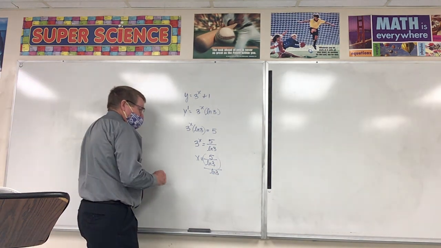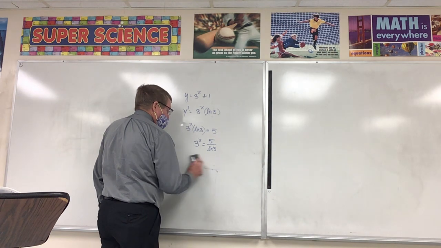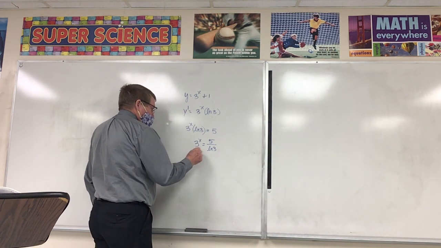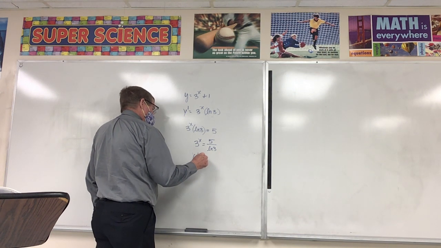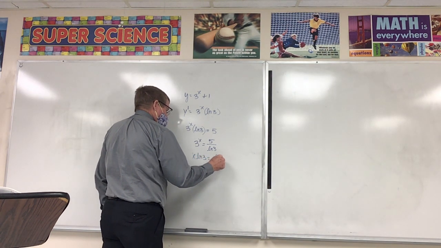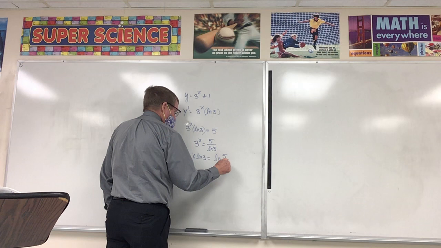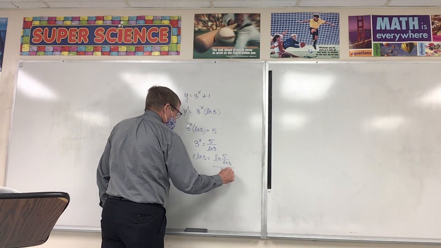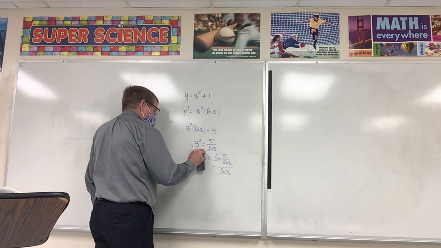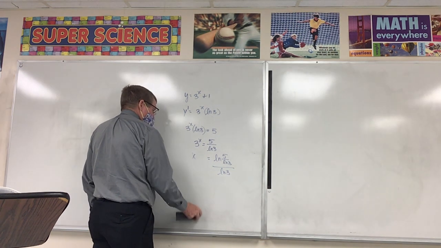Take the log of both sides. So we're going to have x ln 3 equals ln of 5 over ln 3. And then we divide by ln 3.